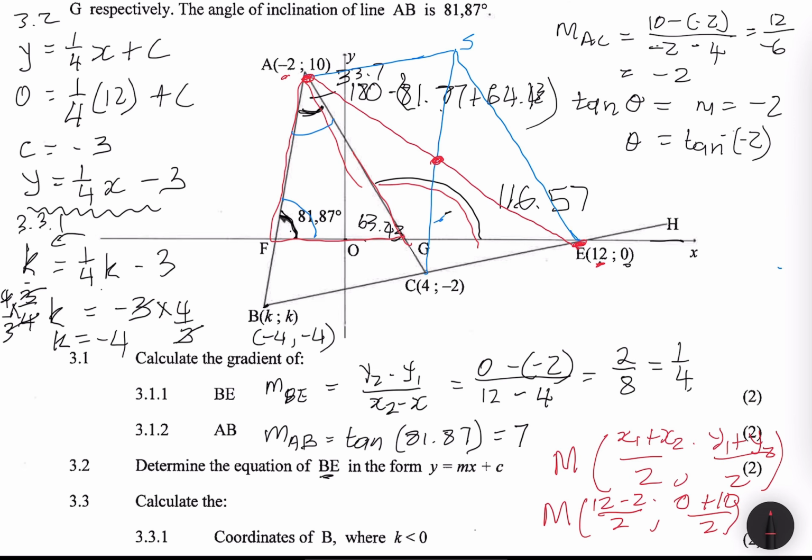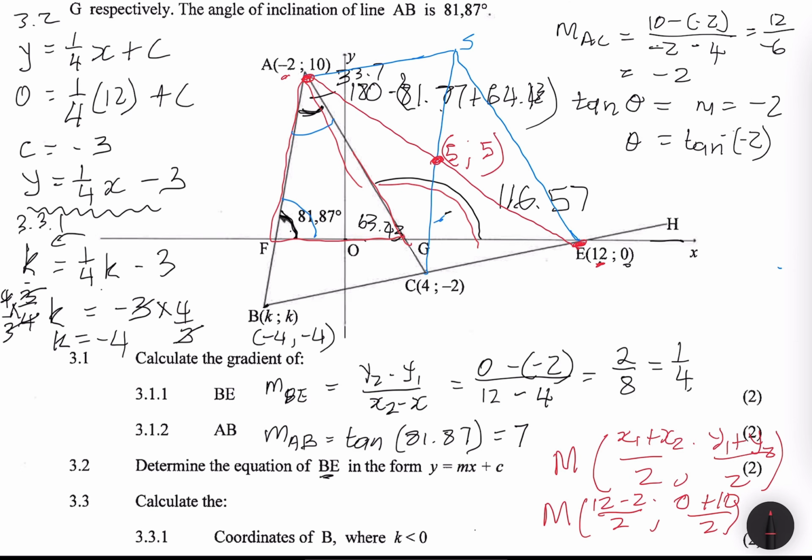So 12 minus 2 gives us 10, divided by 2 gives us 5. So that point will have x value 5, and y value also 5.